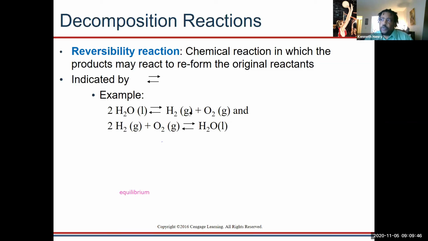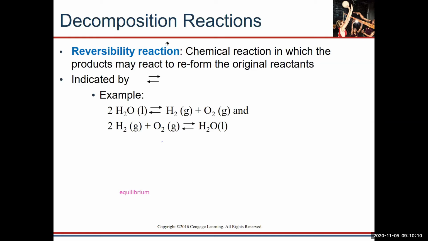Normally you just write the equation once, going in both directions. The arrow typically points from the reactants to the products. Equilibrium is the same concept of both reactions existing, but existing at the same point. And so these double arrows are also used to represent equilibrium. Okay.